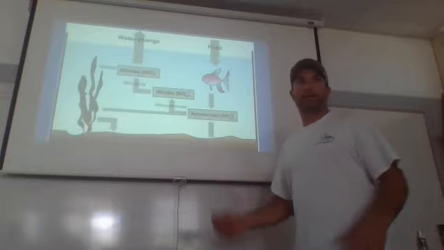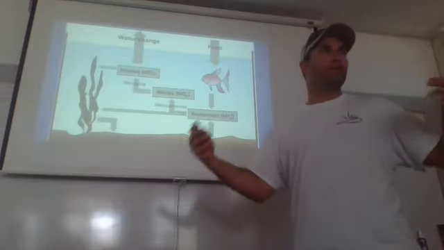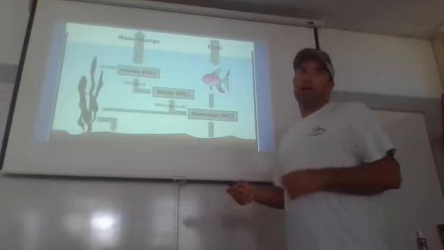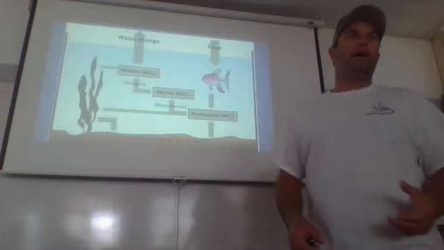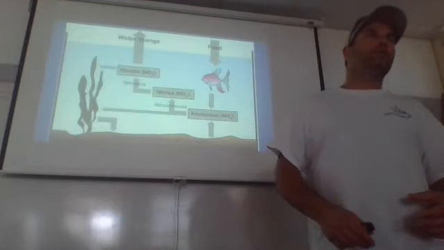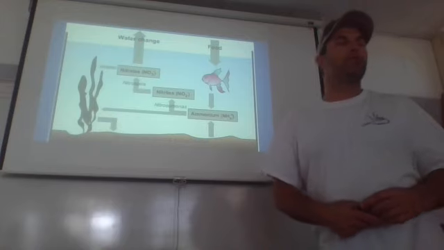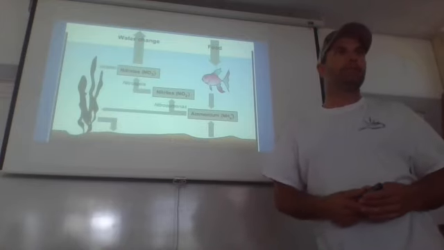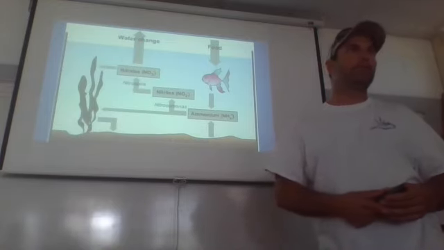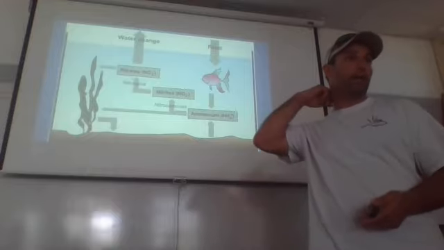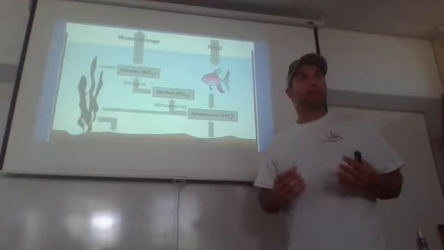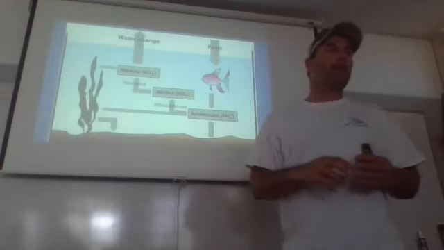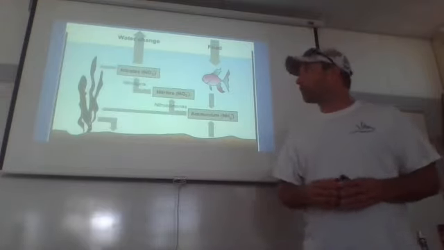In a pond or the ocean or any natural body of water, as well as in your fish tank, what kind of organisms consume that? Bacteria, that's right. So there are different species of bacteria that specialize in different chemical forms.